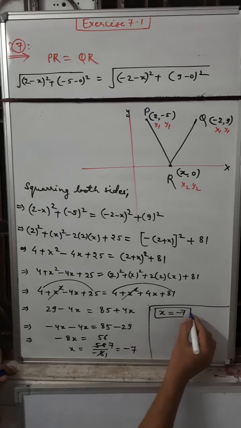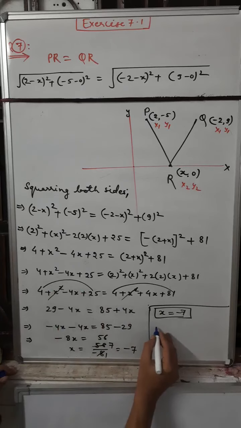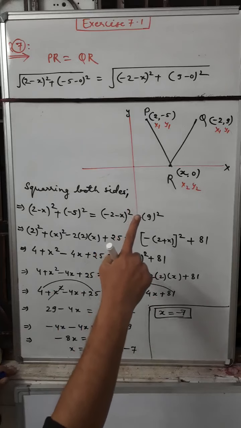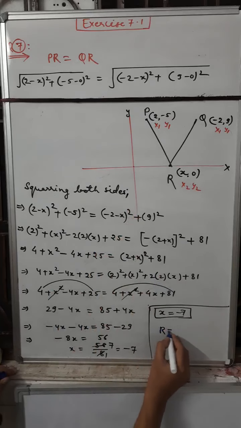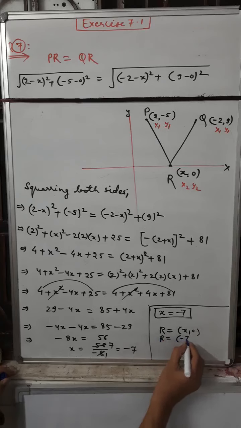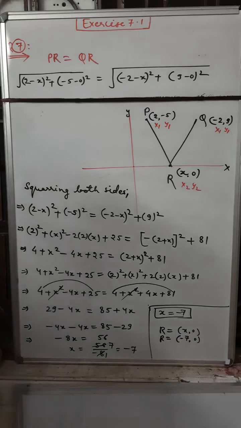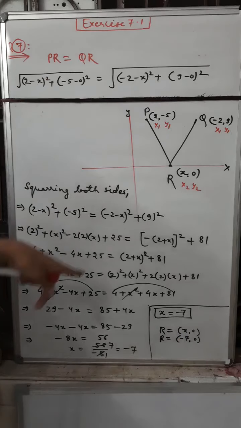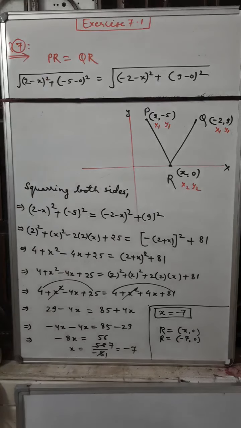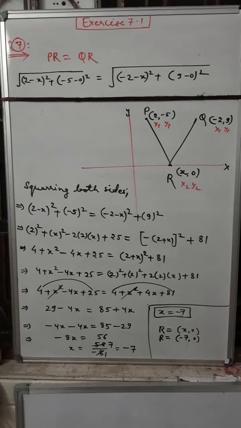Definitely the coordinate of R is x comma 0, so in place of x we put minus 7 comma 0. So the solution of this problem is x comma 0, that is minus 7 comma 0. We got R easily by putting these values in the distance formula. Such kind of problem you can solve like this.